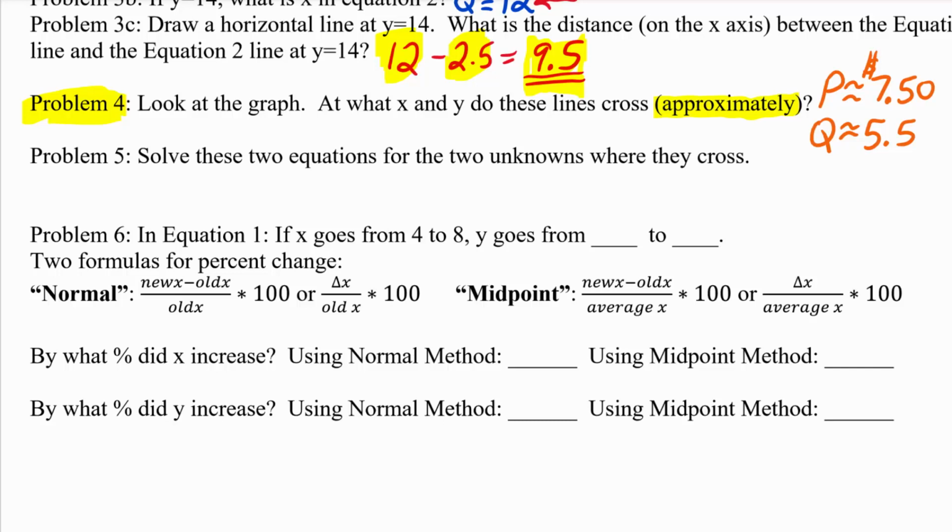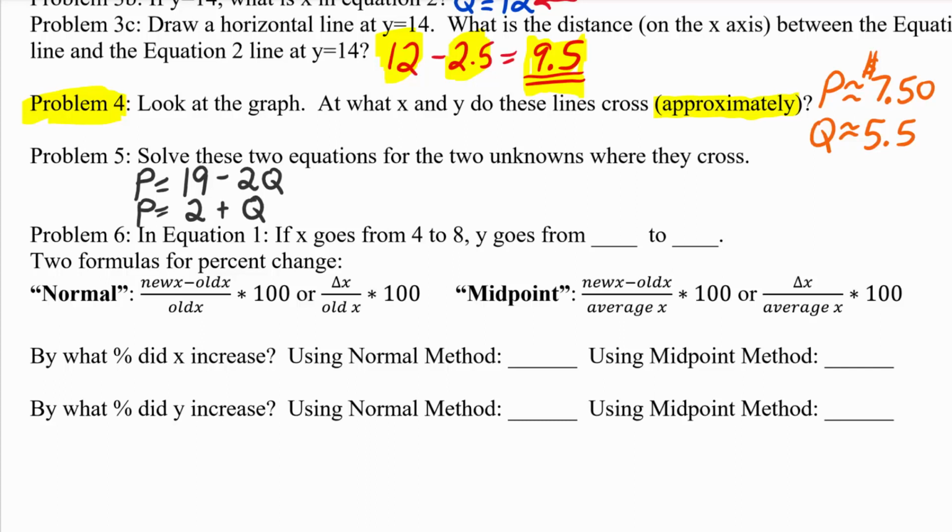If we look at our two equations, price equals 19 minus 2q, and price equals 2 plus q.